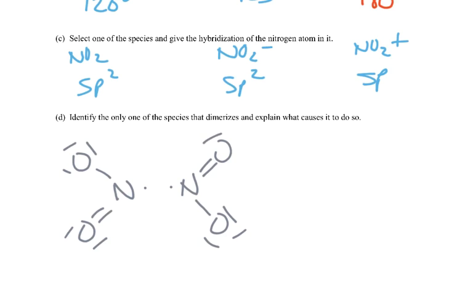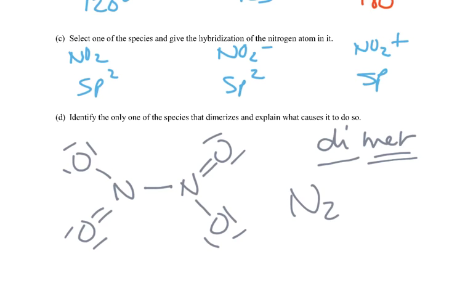And the question comes up, what do we mean by dimer? Di means 2, mer means parts. Okay, so 2 parts going together, so they would make a bond. So those single electrons bond together to make a nice single bond between those. And I think there would be resonance structures where you have the double bonds, single bonds for the N's and O's. But that's basically the N2O4 molecule.